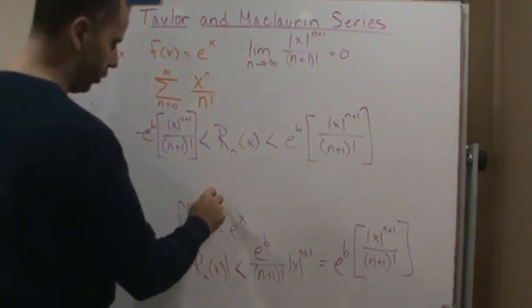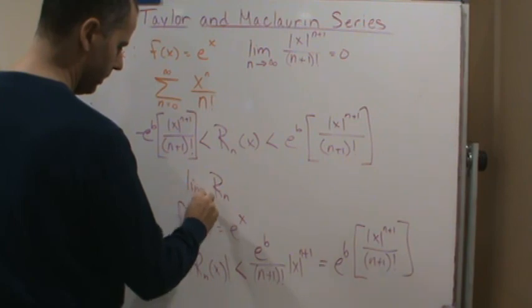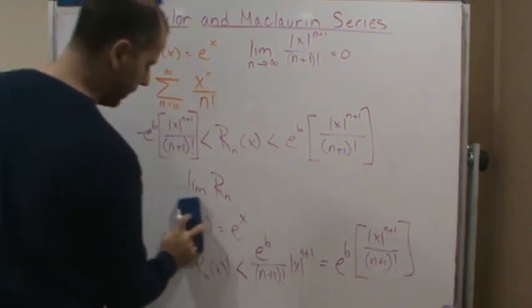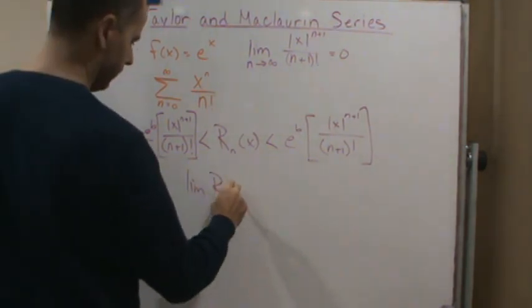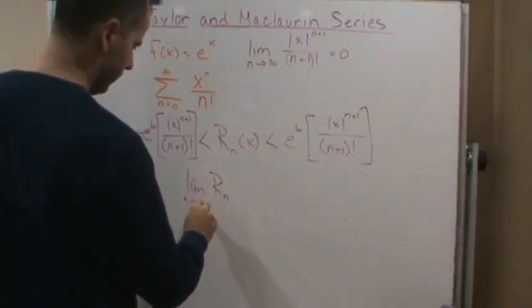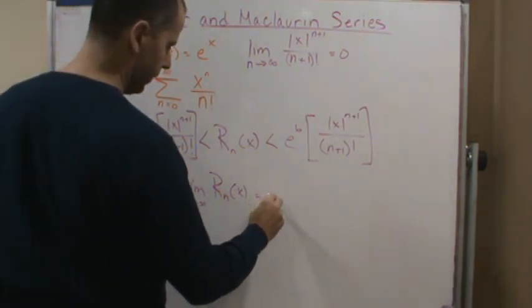So we just showed that the limit as n approaches infinity of r sub n of x, the remainder, equals 0.